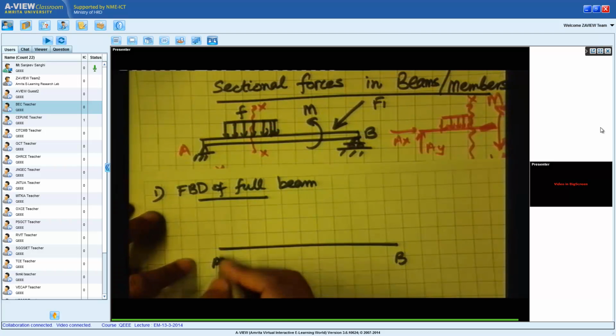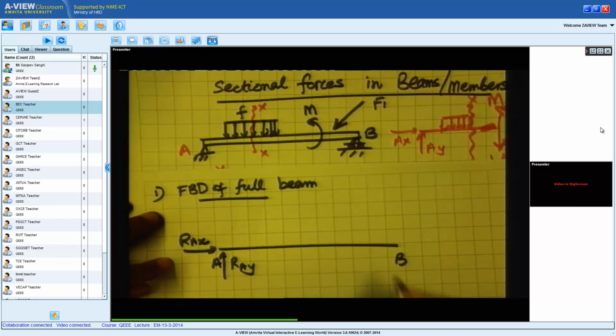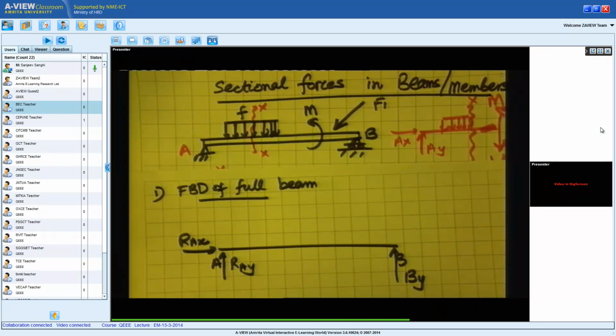Now at end A we will have RAY and RAX. At end B we will just have BY. There is no RBX. So we call it BY or RBY, whatever it is.